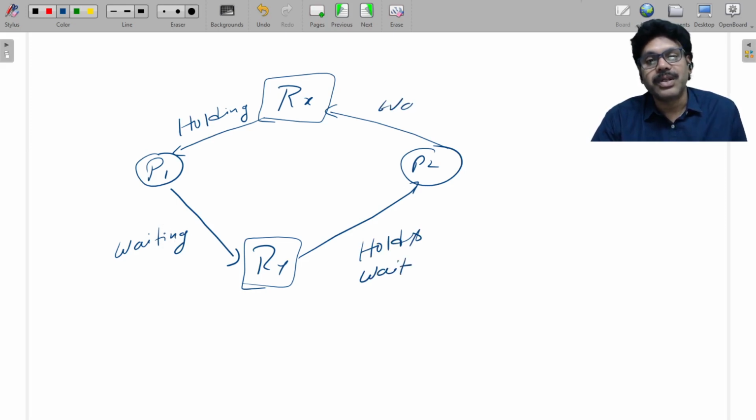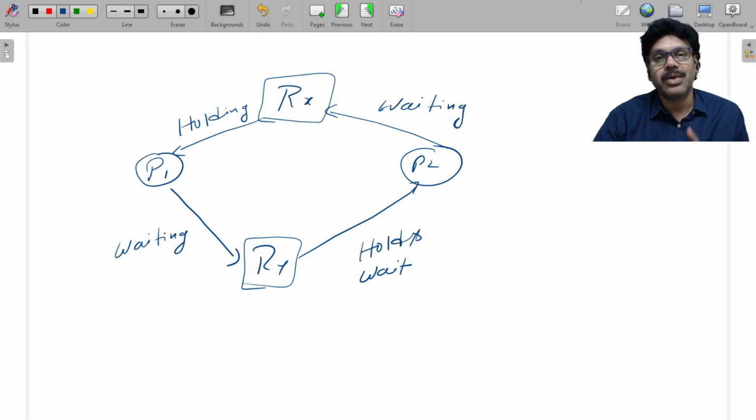To dissatisfy this condition, we use only one rule. Either you get all the resources you need to execute successfully, or you release all the resources.